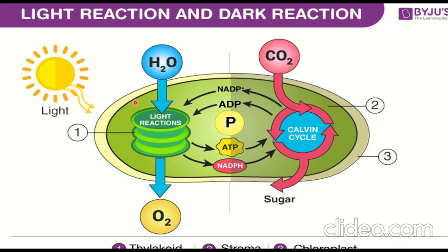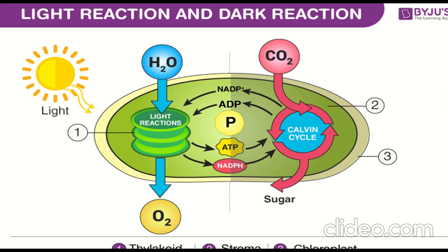Water is taken, it's broken, oxygen is released, hydrogen is carried by NADPH, that's the light reaction, and then the hydrogen taken by NADPH enters the dark side, carbon dioxide is taken, carbon and oxygen are taken from the carbon dioxide, and hydrogen is taken from the NADPH. So CHO, the carbohydrate, is formed.